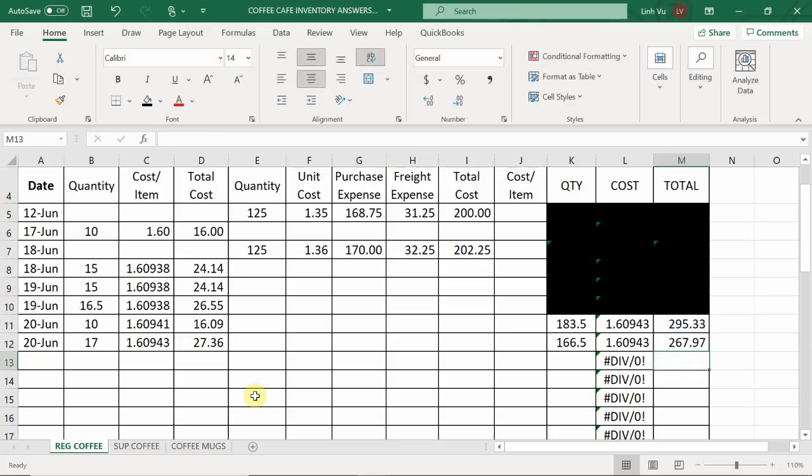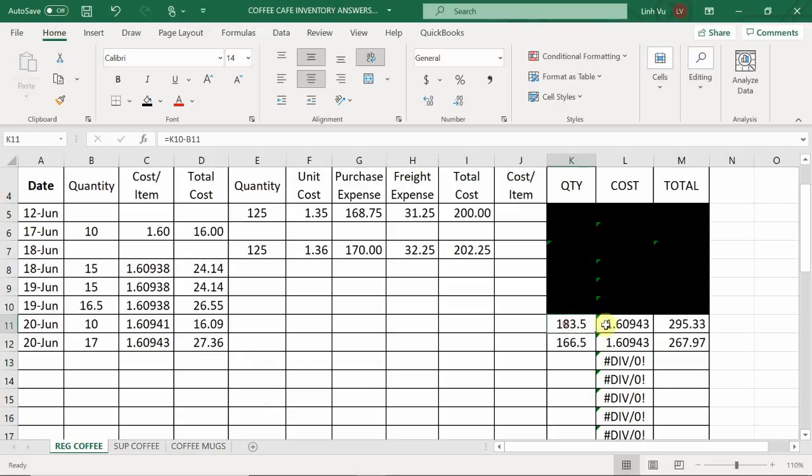Since I have my formula in here automatically, it recalculates my average cost per item by taking my total cost divided by my new quantity, which I still get 1.60943.